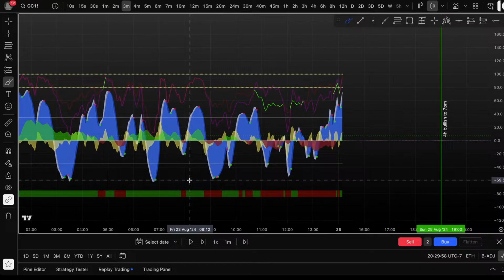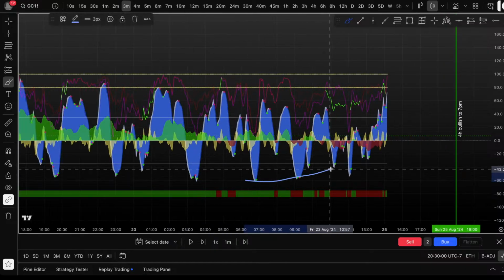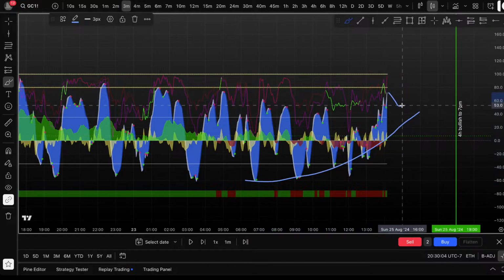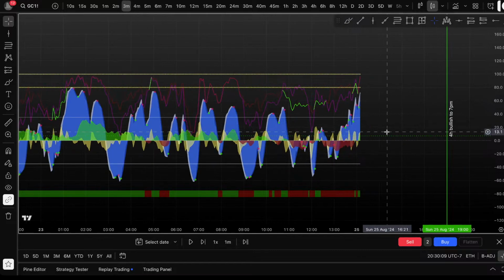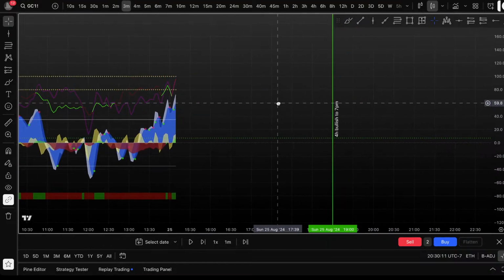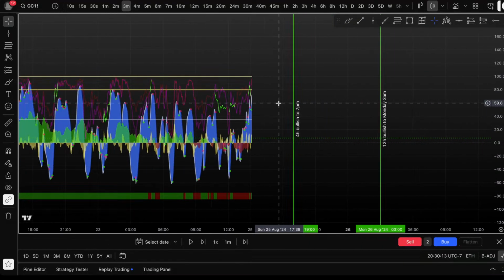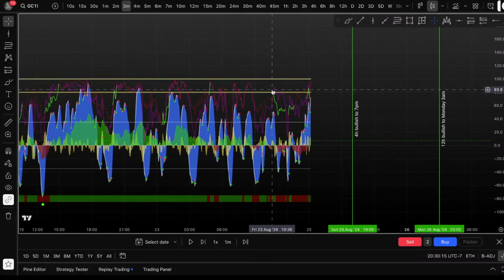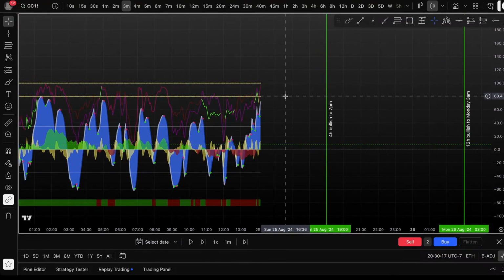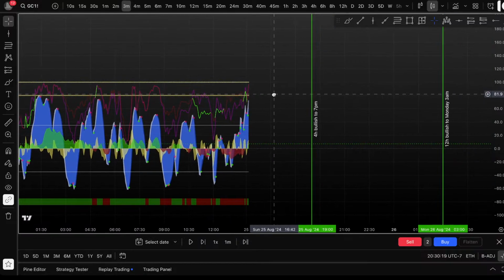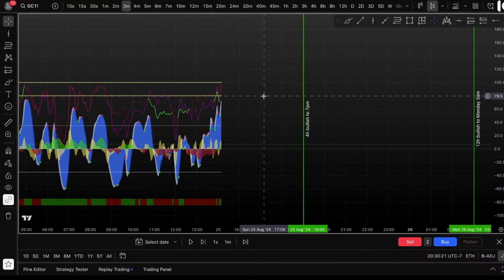But look at this. She might not be coming down for a while. I think the day starts looking for a long here on this Sunday. All right, we're not gonna overanalyze that.